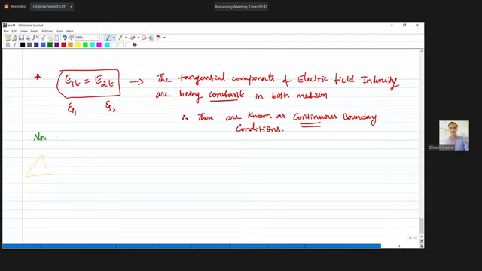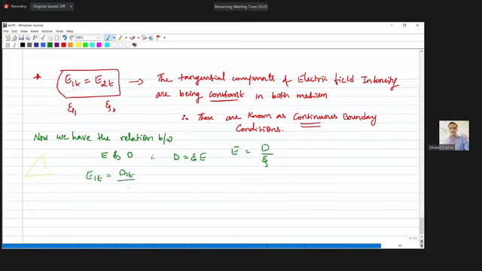Now we have the relation between E and D, that is, D is equal to epsilon into E. So the E value can be written as D by epsilon. E1t will be equal to D1t divided by epsilon 1, because it belongs to the epsilon 1 medium.